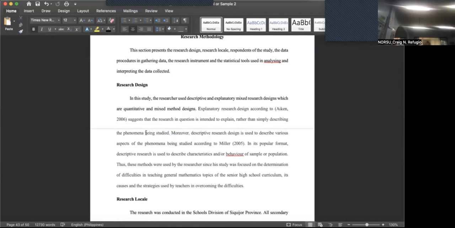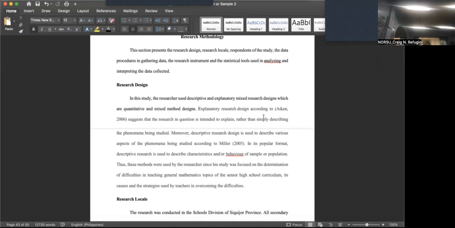According to ICANN, explanatory suggests that the research in question is intended to explain rather than simply describing the phenomena being studied. Moreover, descriptive research design is used to describe various aspects of the phenomena being studied, according to Miller 2005.